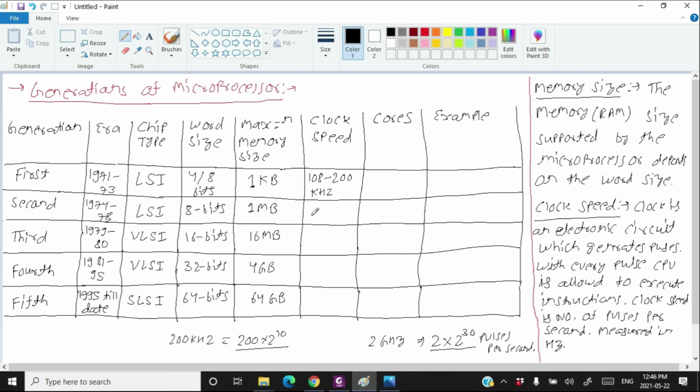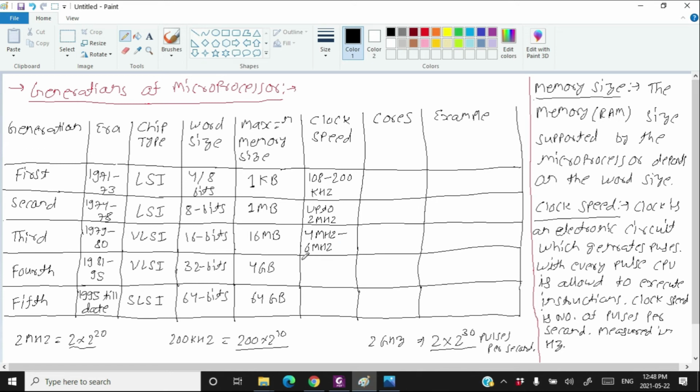Then in the second generation, we have up to 2 megahertz clock speed. 2 megahertz means 2 into 2 to the power 20 pulses per second. In the third generation, we have 4 megahertz to 6 megahertz of clock rate.